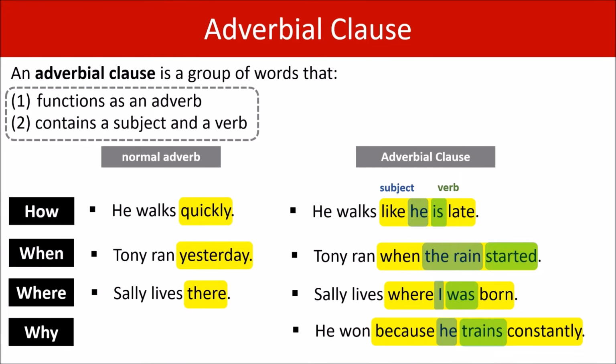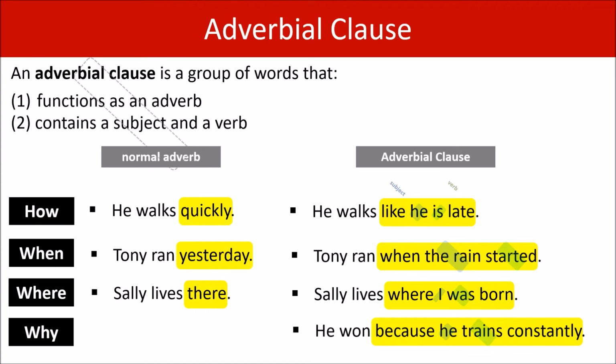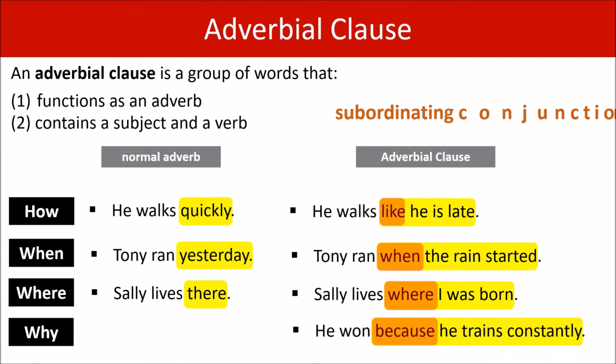So they must be adverbial clauses. Let's get rid of those. There's something else I want to show you in an adverbial clause. Look at these words. These are called subordinating conjunctions. And subordinating conjunctions join the adverbial clause to the main clause.